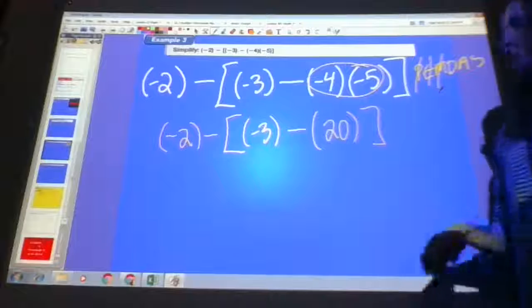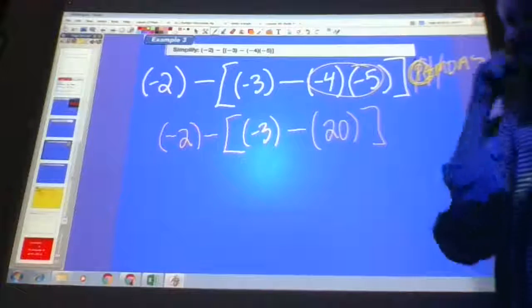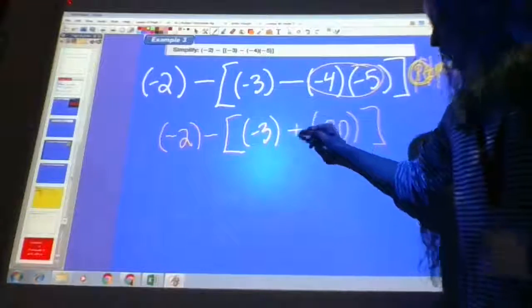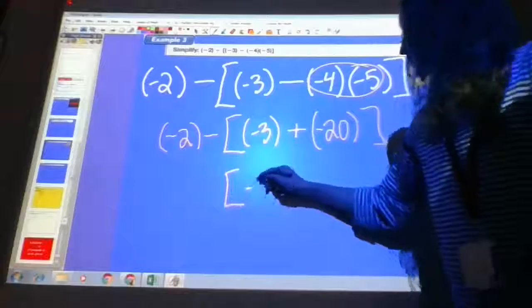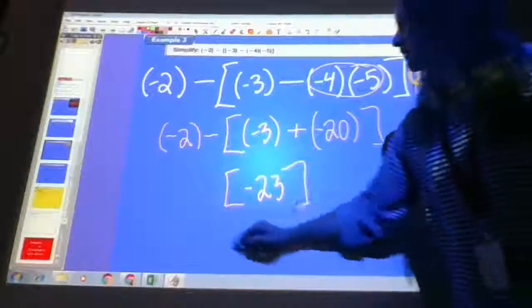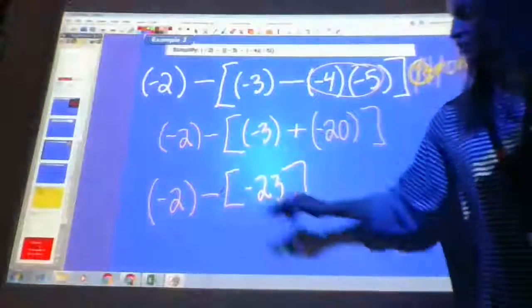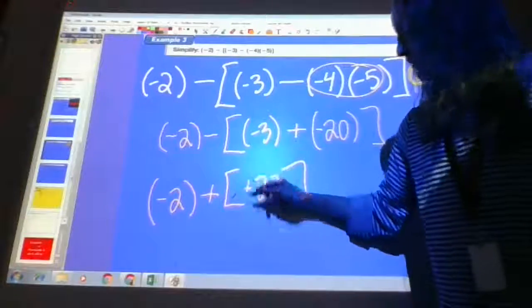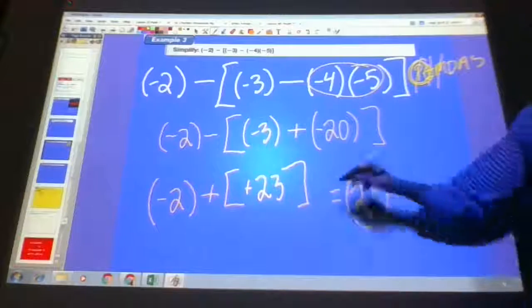But we do have parentheses we can continue to follow to simplify. Hopefully you guys would add the inverse here. -3 plus -20 then is -23. -2 minus. Well, as soon as you see a minus sign, add the inverse, because then you have -23 minus 2, which equals -21.